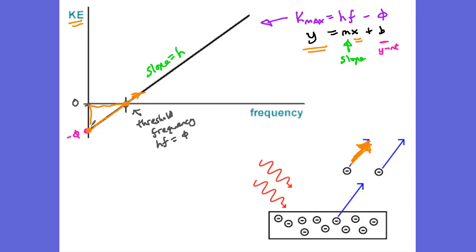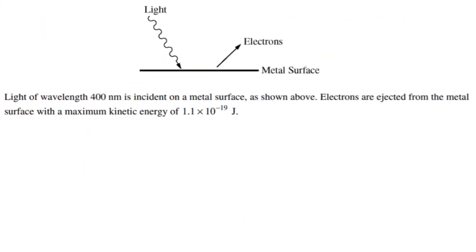This is the energy that the metal absorbed, and then you can see all the leftover energy. The leftover energy was the kinetic energy max that the electrons will have. Okay? So let's go through a problem.